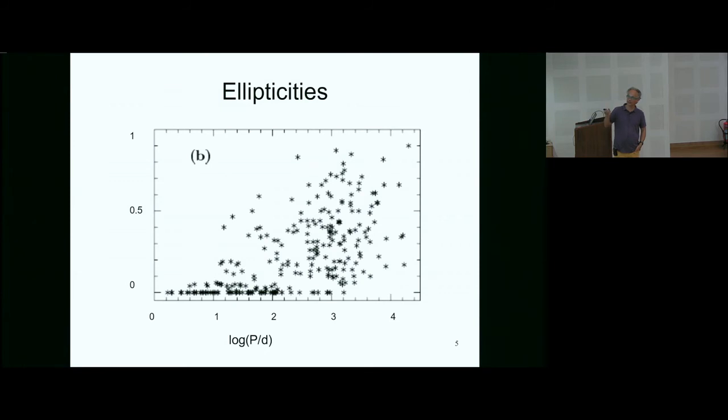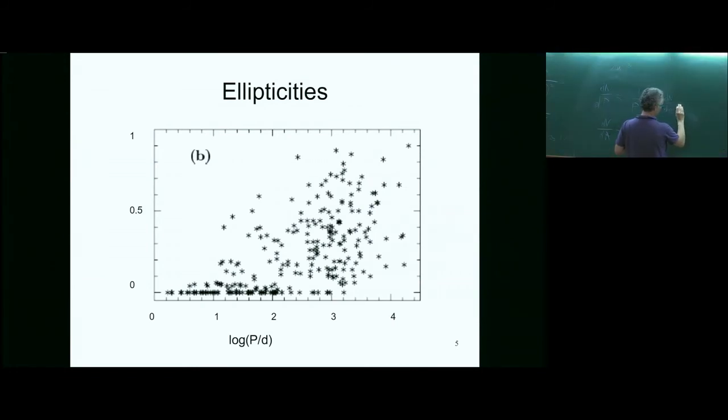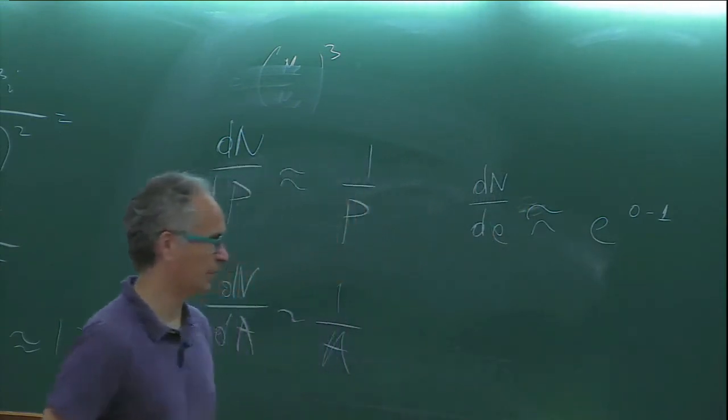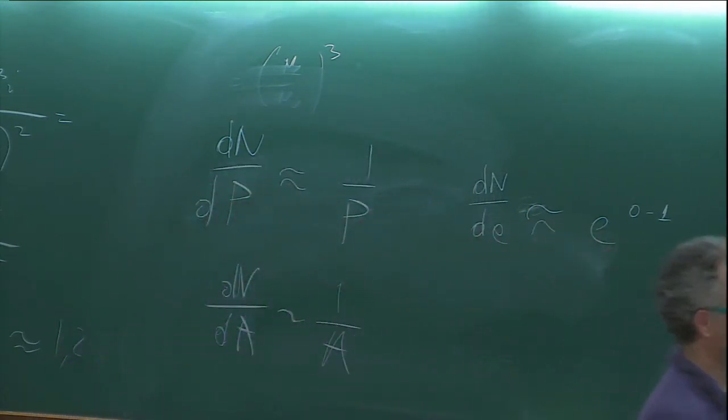And if you look here, the distribution of ellipticities looks relatively uniform, and it is agreed that the distribution of the ellipticities goes somewhere between e equals 0 and 1, probably with more of the more elliptical binaries initially.